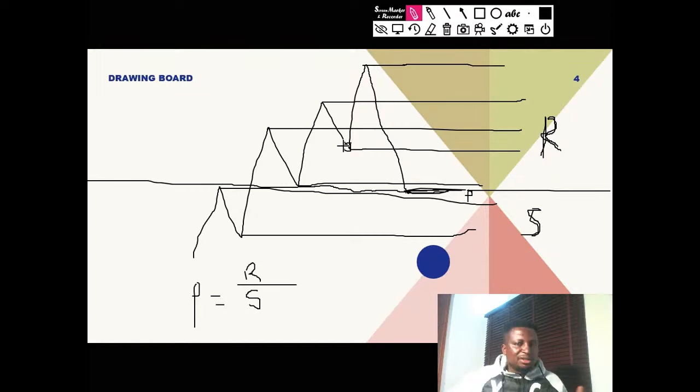In this case, you will see that this support has turned to resistance. It was a support when price was still above here. But immediately price broke through that support, it has become a resistance. So this plays out a lot.